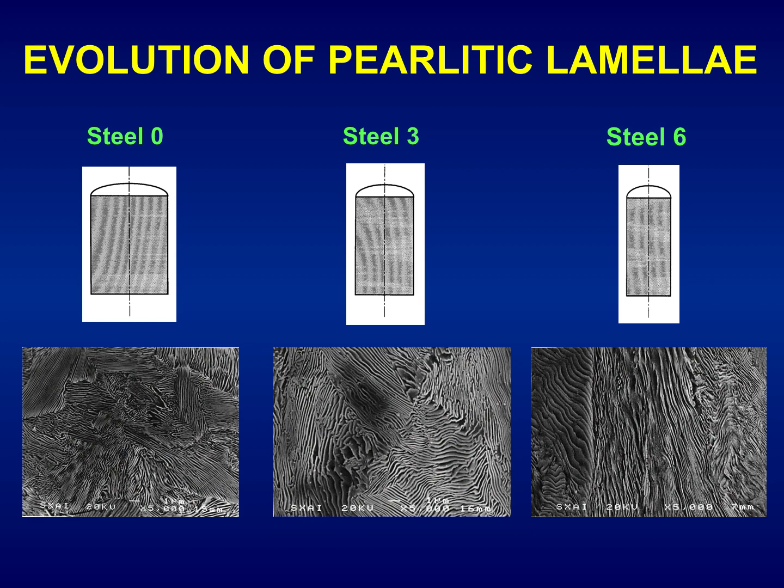Regarding the evolution of perlitic lamella, second microstructural levels, again we see randomly oriented lamella in steel 0 degree of cold drawing, a slight orientation along the y-axis direction, vertical side of the micrograph or cold drawing direction in steel 3, and in steel 6 heavily drawn, a markedly oriented microstructure in the direction of cold drawing.